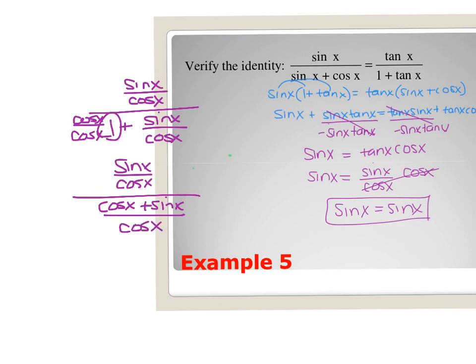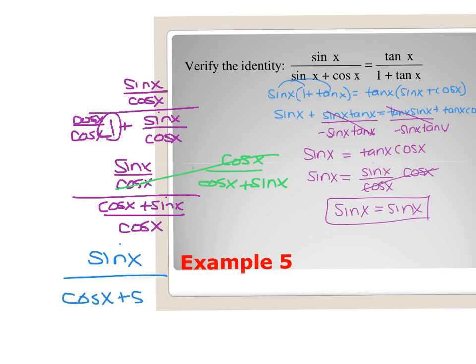And then I can do keep, change, flip. Those cancel, and I end up with sine of x over cosine of x plus sine of x, which is the same, just the order is different, but you could definitely do it that way. If there is one fraction on either side, a lot of times cross multiplying is easier, but it doesn't mean it's the only way, for sure.